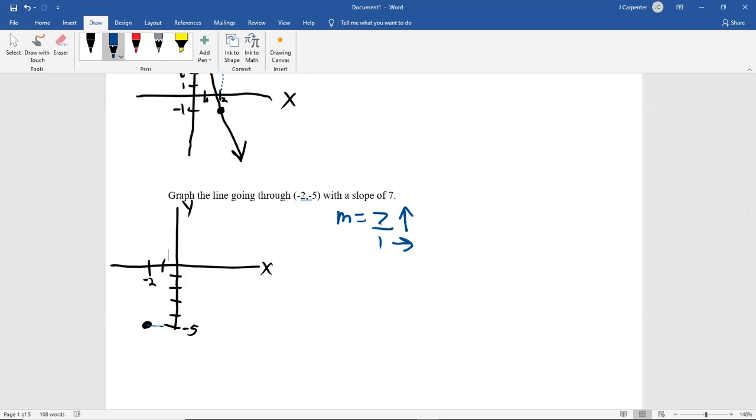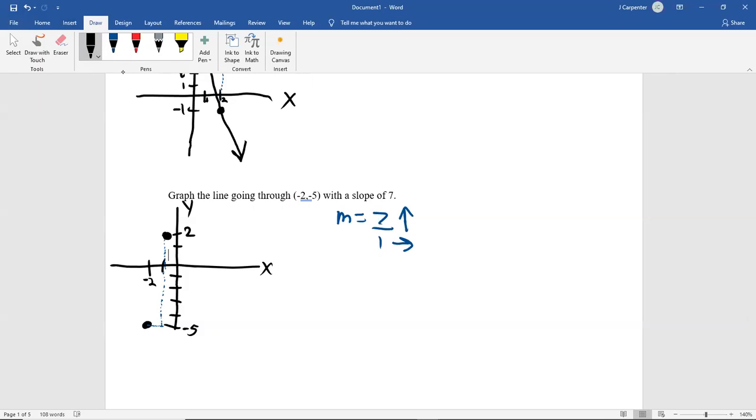If we start at a height of -5, that's 1, 2, 3, 4, 5. We end up at a height of 0 after 5 of them, but we still got to go up 2 more. 1, 2. That spacing might not be perfect, but that's okay. We're not going to worry about that detail. And there we go.